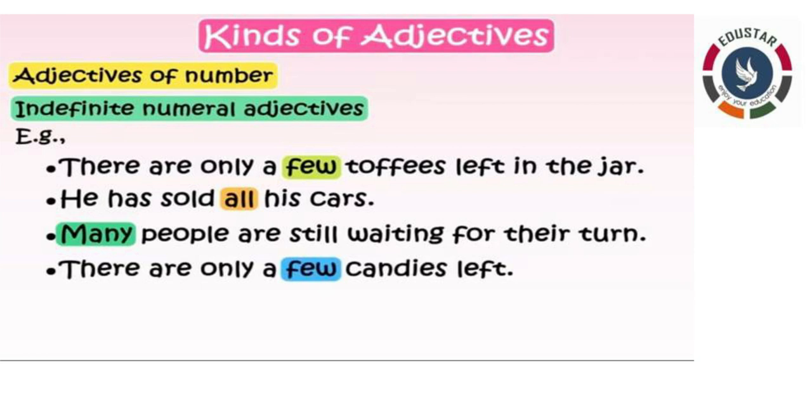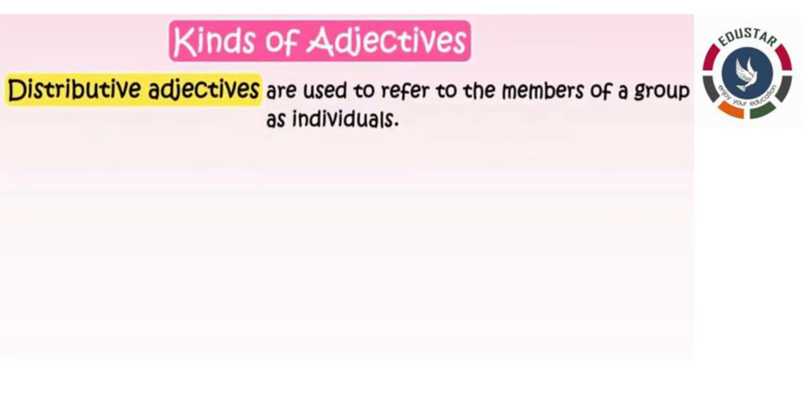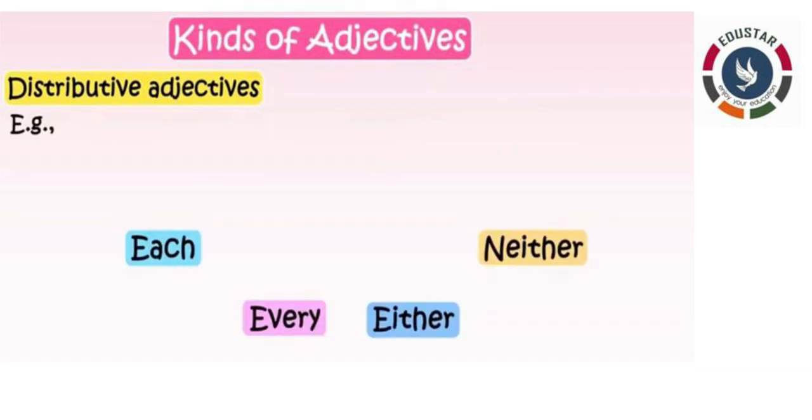And the next kind of adjective is distributive adjective. Distributive adjectives are used to refer to the members of a group as individuals. For example, the words like each, every, either, neither refer to distributive adjectives.